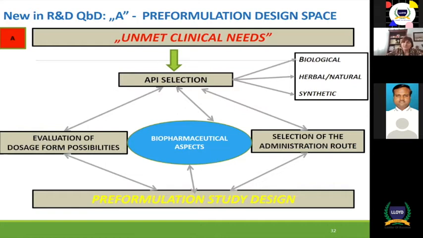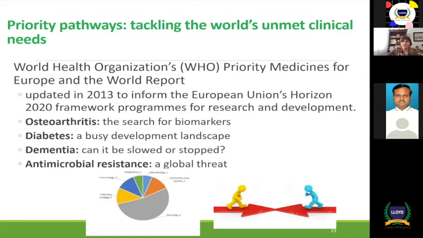And just to make it that this is a valid way of thinking, the evidence behind this is that the WHO started in 2013 to finance especially those research and development projects which go for the treatment of special diseases.